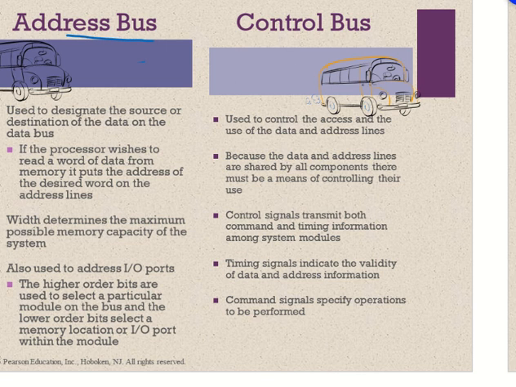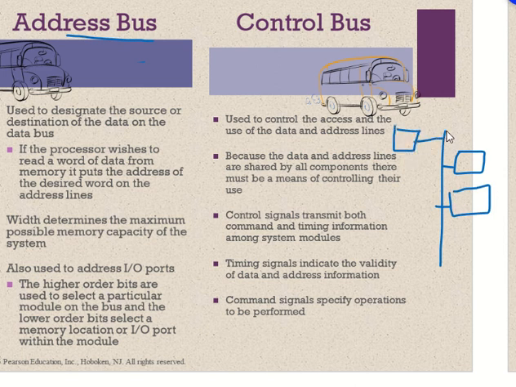Just now I was telling you, let's assume that you have a bus and it is connected with many devices, and if a device sends data on this bus, this data can be received by the other devices. So everyone has access to this data. So the control bus is the one going to have control over this data. Control signals transmit both control and timing information among such modules.